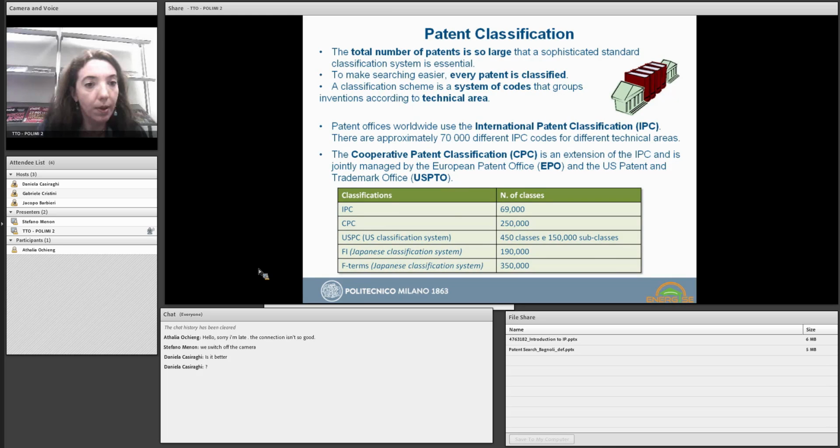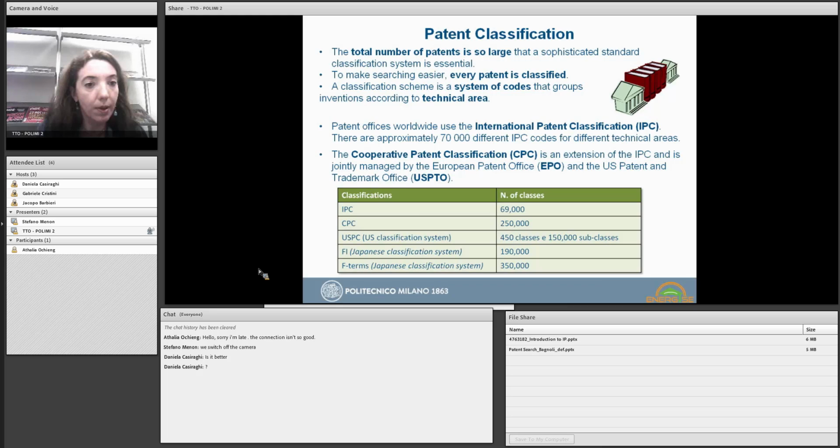The majority of the countries in the world use the so-called International Patent Classification, IPC, that has approximately 70,000 different IPC codes for different technical areas. In the last few years, a second classification system was introduced by a joint effort of the European Patent Office and the US Patent Office.